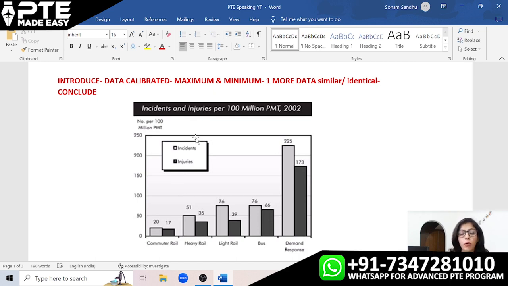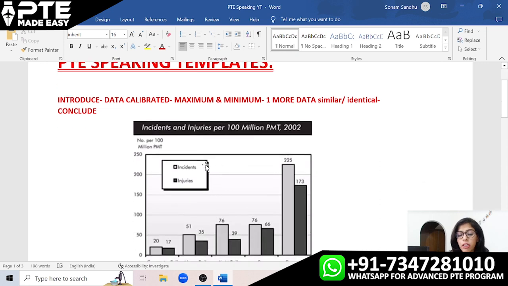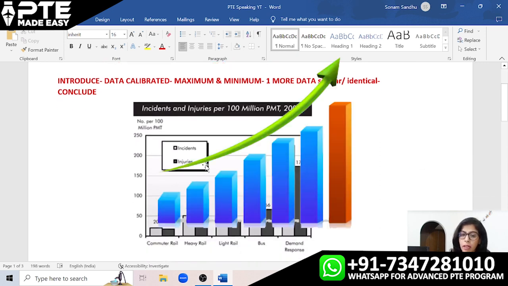So in this video I am giving you one trick which will help you in speaking on any PTE speaking describe image, and that too in a fraction of seconds. In 25 seconds you'll easily be able to cover everything. Now let us look at this image. If you look at this image, you will clearly get to know that it is a bar graph.